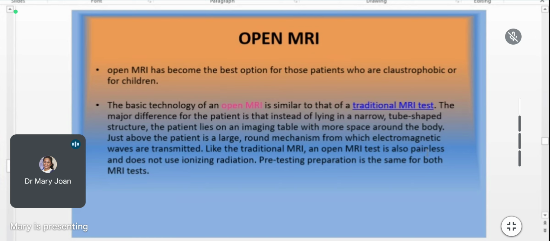Just above the patient is a large round mechanism from which electromagnetic waves are transmitted. Like the traditional MRI, an open MRI test is also painless and does not use ionizing radiation. Pre-testing preparations are the same for both MRI tests.